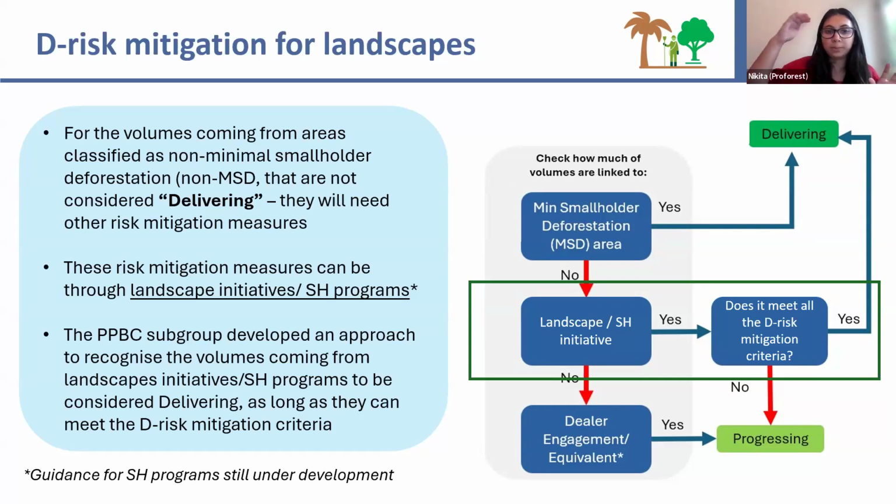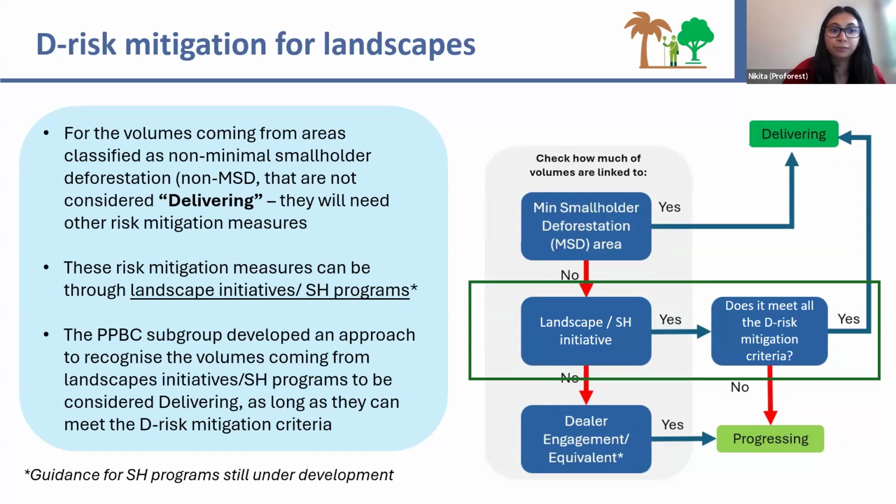First you go to MSD or non-MSD. If your volumes are falling under the MSD, then they are already falling under delivering. But if the volumes come from a non-MSD area, there are some further risk mitigation measures that can be taken. Essentially, these can be done through landscape initiatives or smallholder initiatives.